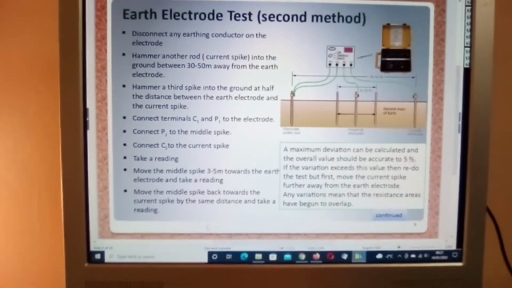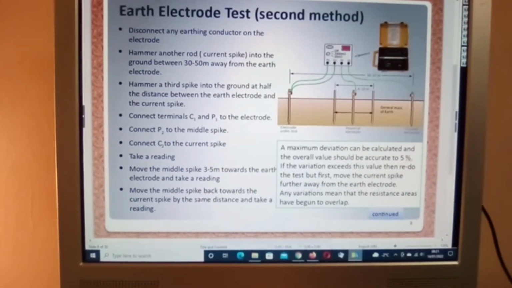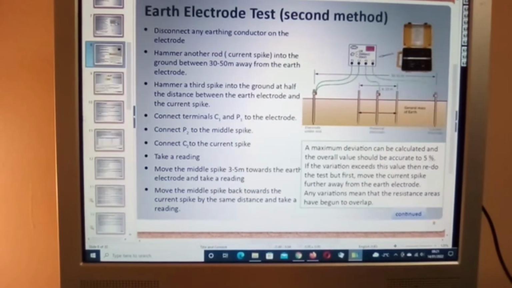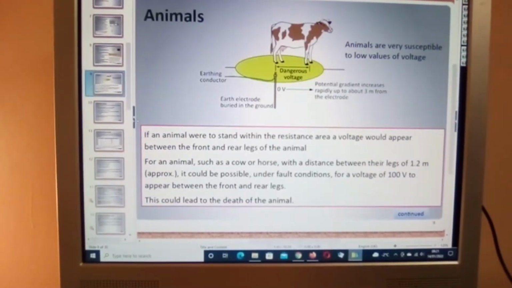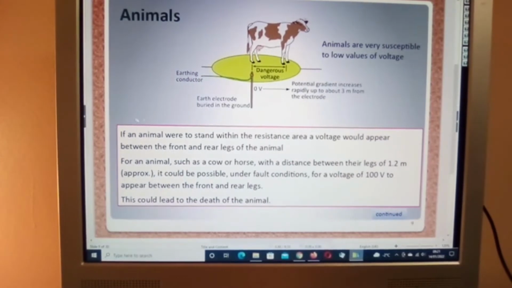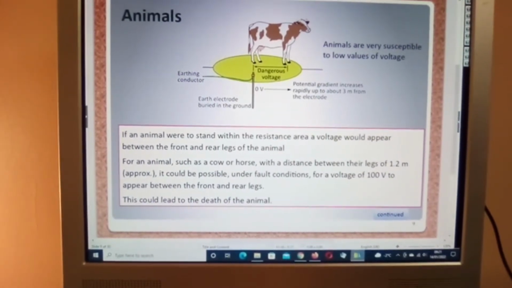Make sure you get it all in carefully in view. Animals.